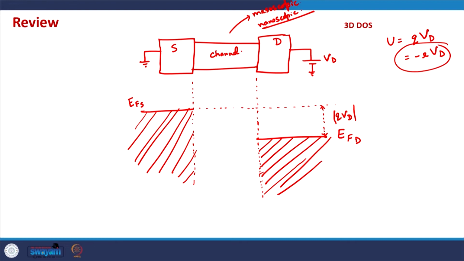And when we put such material in contact with the channel, like in this device we have put two such contacts, source and drain materials, in contact with the channel, what happens is that the source terminal tries to fill all electronic states below the source Fermi level in the channel.